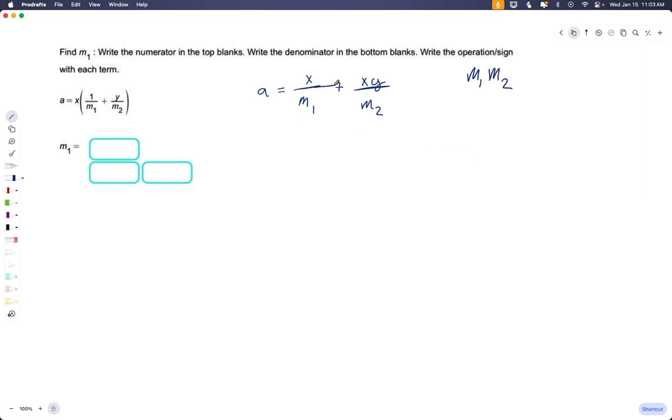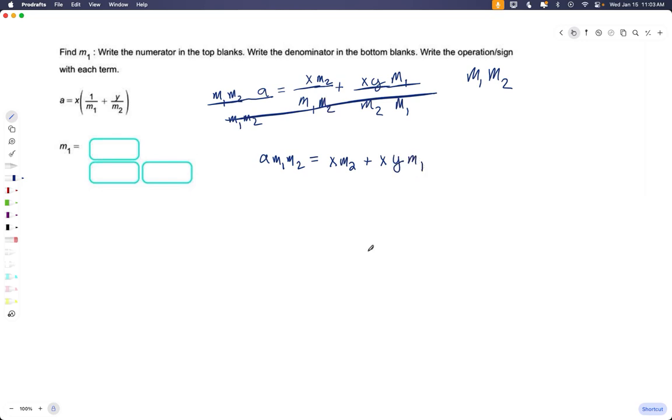So we're going to multiply by M2, M2, M1, M1, M1, M2, M1, M2. So all of this can go away. So we have A, M1, M2 is equal to X, M2 plus X, Y, M1.